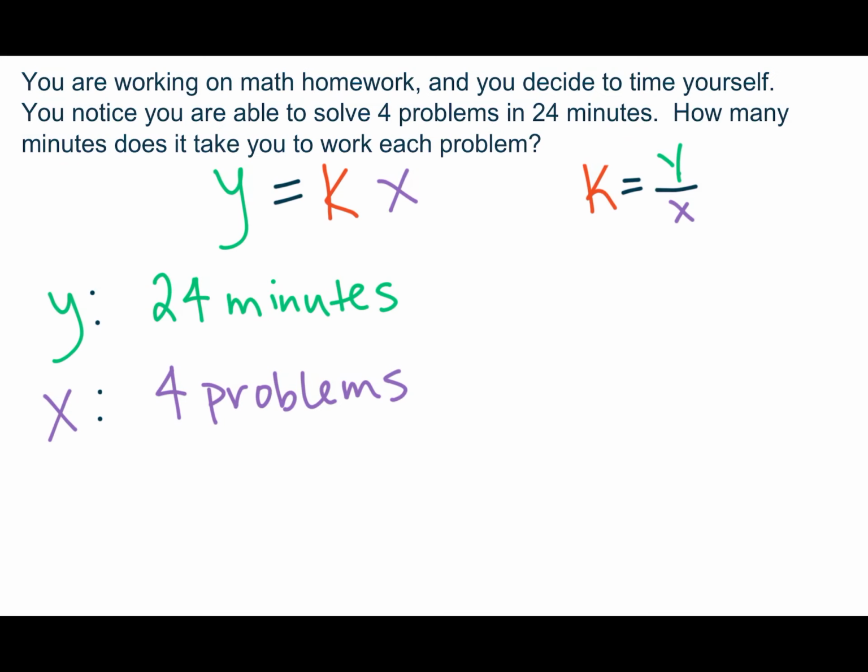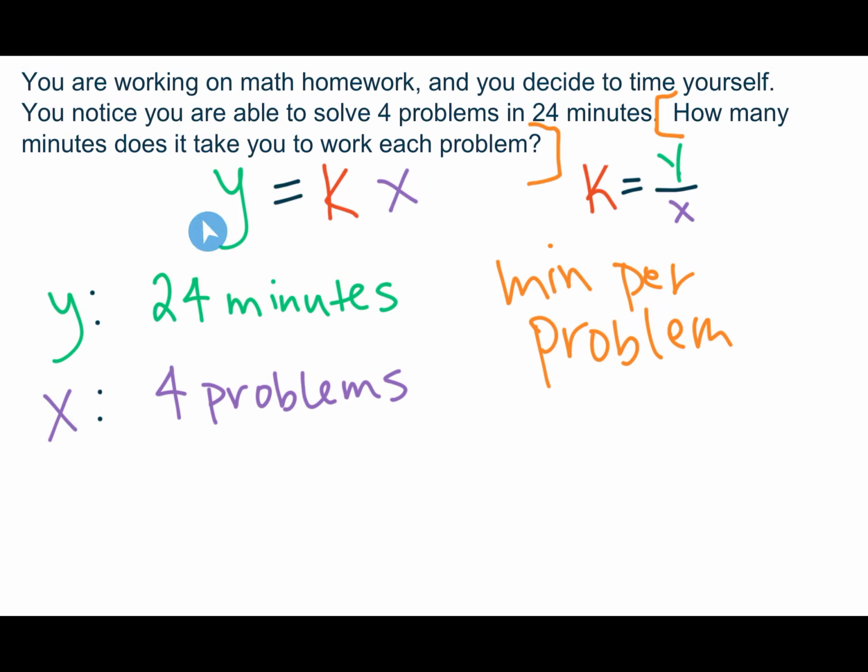All right, so now I've gone in and added our question that we're actually trying to figure out. So we're trying to figure out how many minutes it takes us to work each problem. Well, if we're looking for minutes per problem, that means we're going to want to take the number of minutes we spend working and divide it by the number of problems we have.